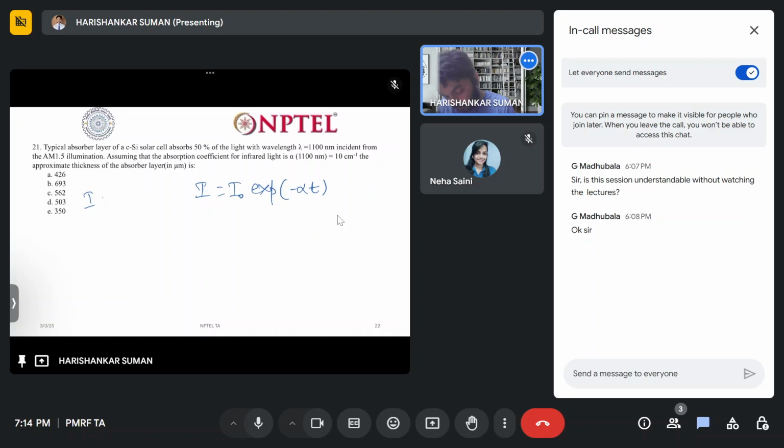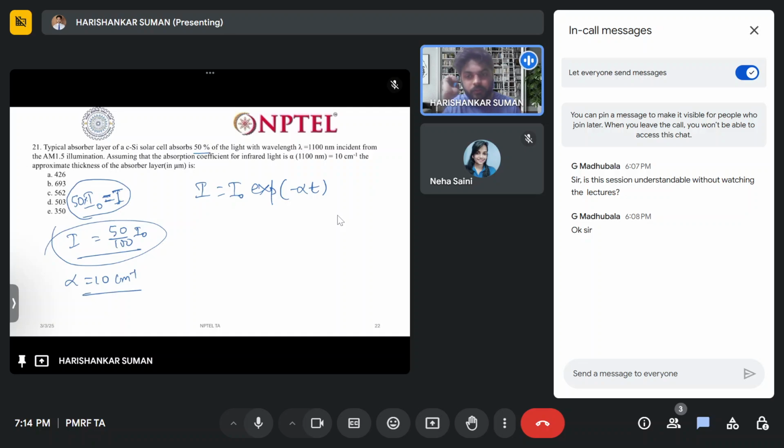You have 50%. Please use this information. These are the given parameters, and you have to find the thickness.